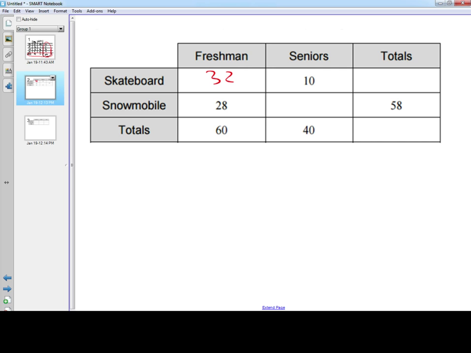It's 32 because we have 60 total, so 28 and that number need to add up to 60. Now, I can also figure out how many senior snowmobile people I've got, which is 30. I want to double check, make sure they add up to 58, and they do. 60 and 40 should make 100. And this should be 42. There you go. Hallelujah. Okay, very easy two-way tables, yeah?